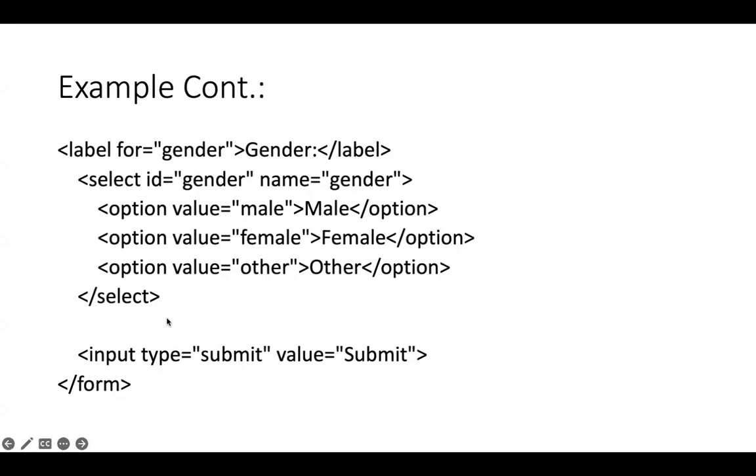Here, drop down. So here we are giving another label called gender. Then select. Within the select, we need to use option. So the ID is gender, then the name gender. Here it will give like this: male, female, other.